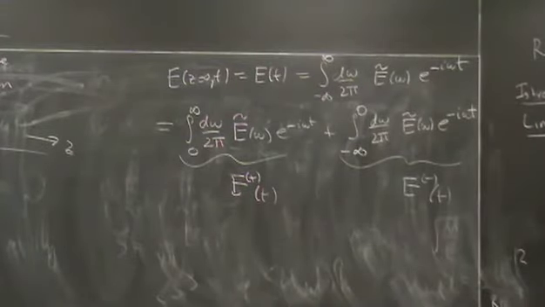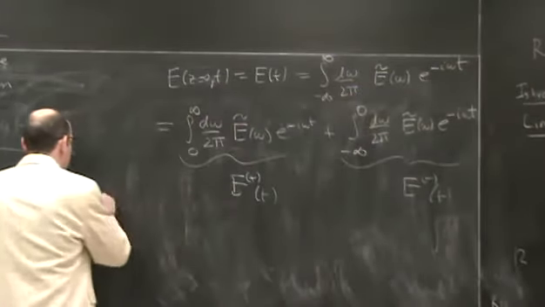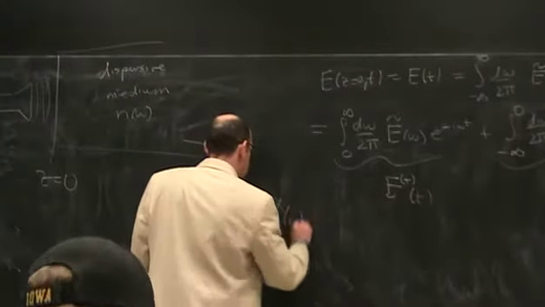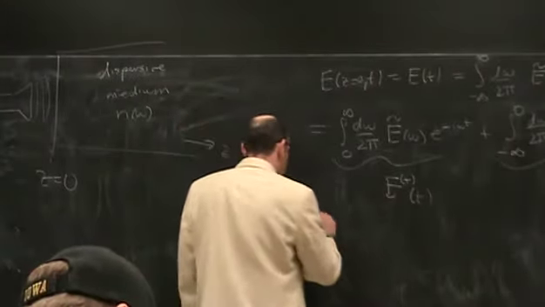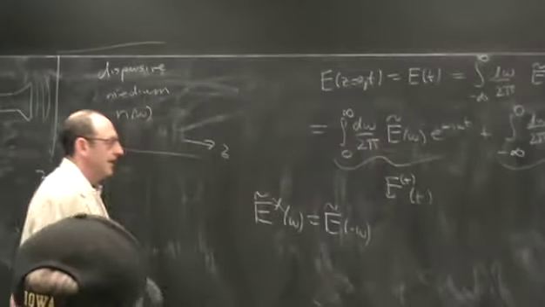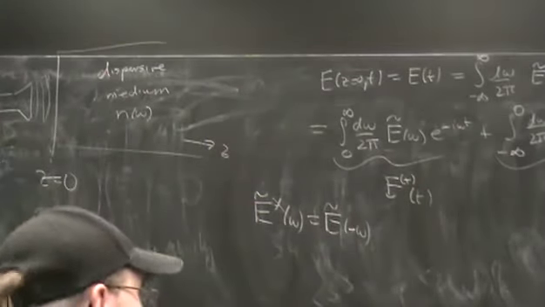And you will also recall that if this is a real field, the Fourier transform satisfies that when I take the conjugate, I just said omega equal to minus omega.